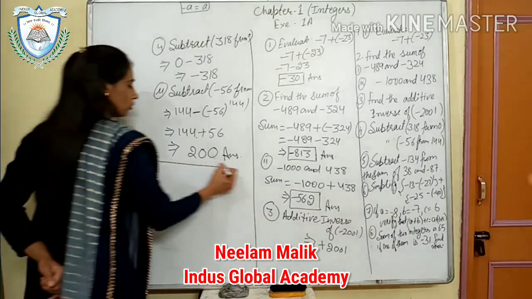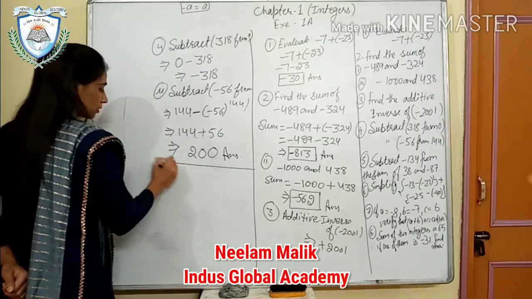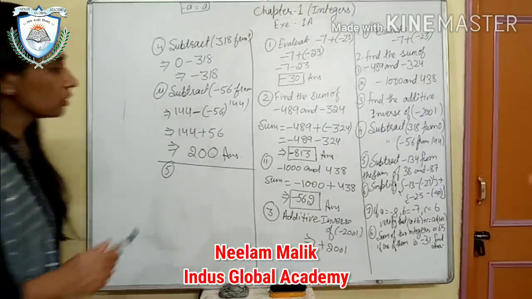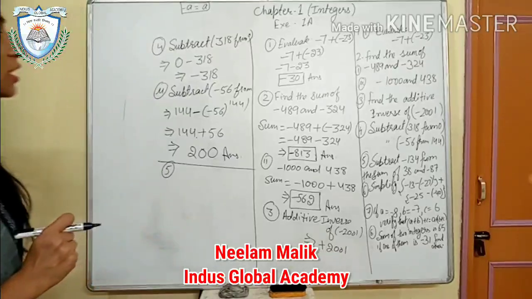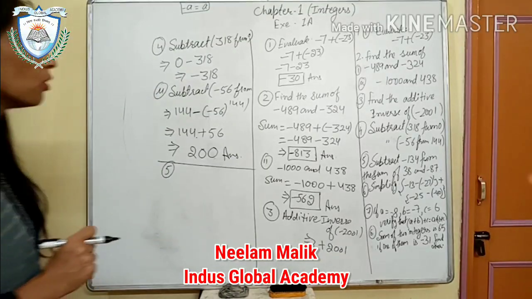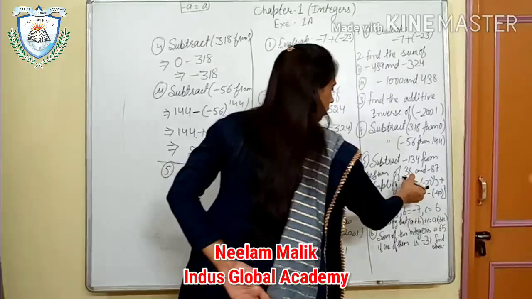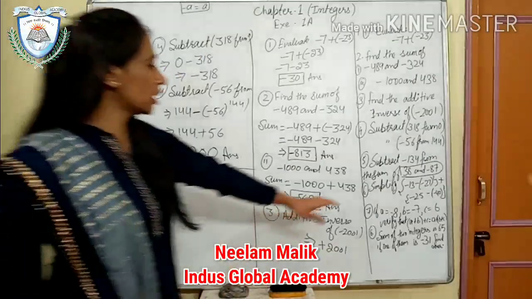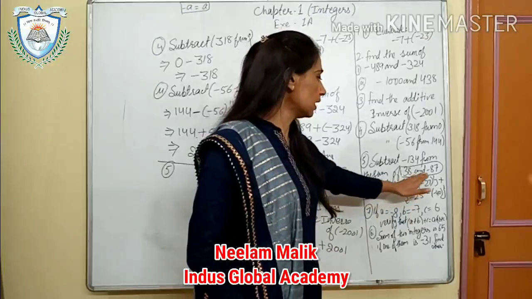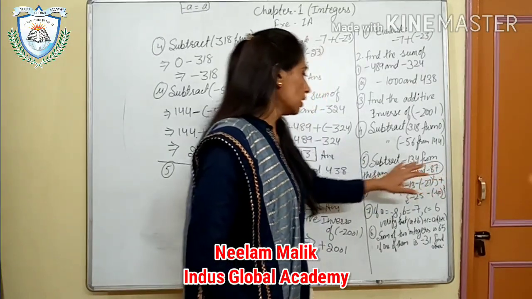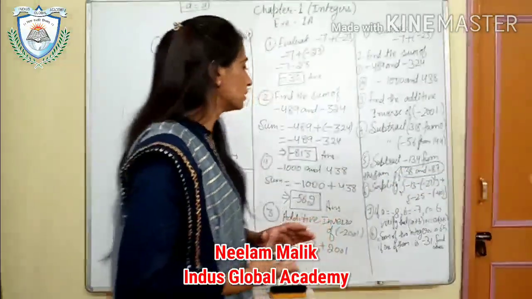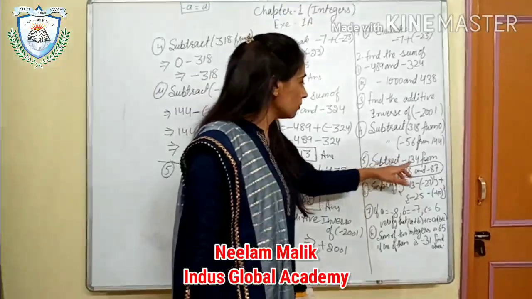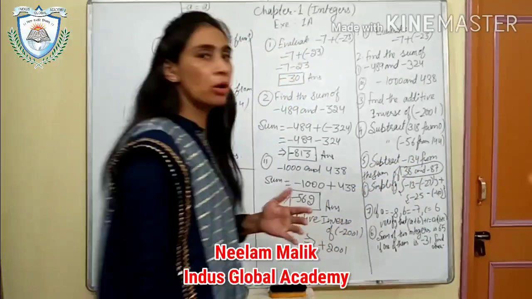Okay. Now the fifth one. What is the fifth one? Subtract minus 134 from the sum of these two. It means first we have to find the sum of 38 and minus 87. Then whatever we get as a result, we will subtract minus 134 from that.